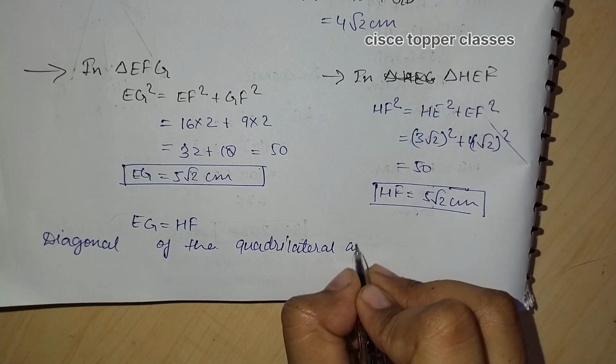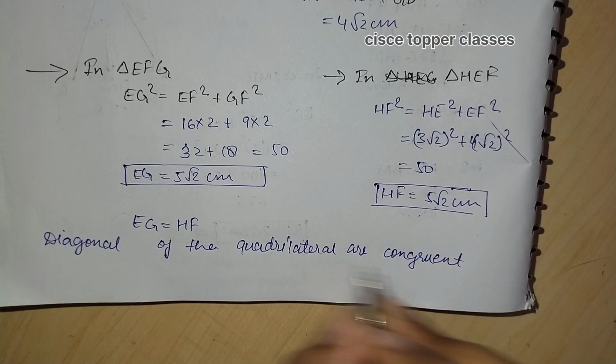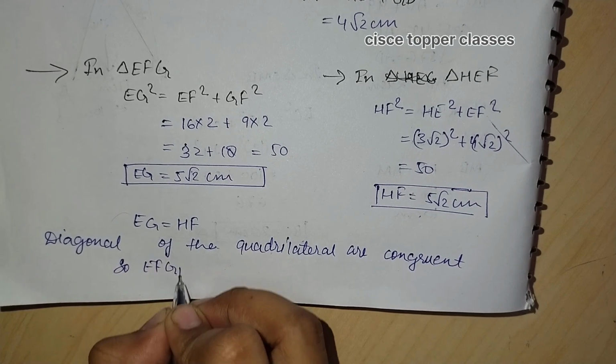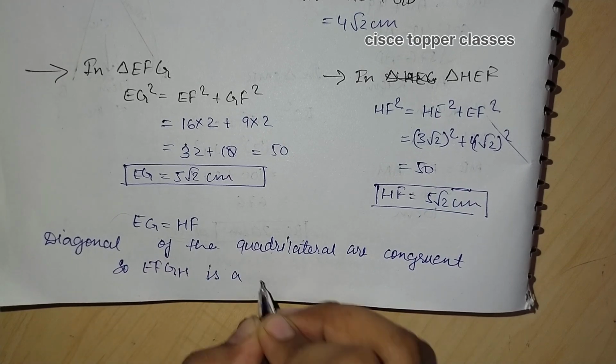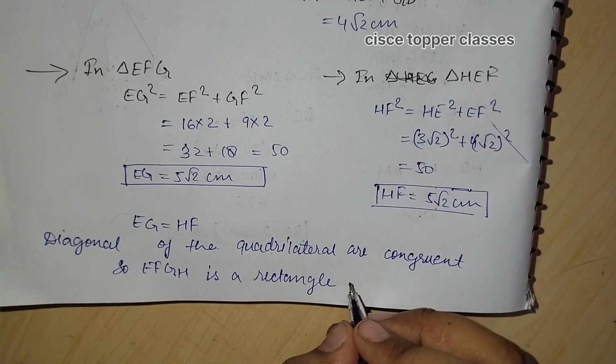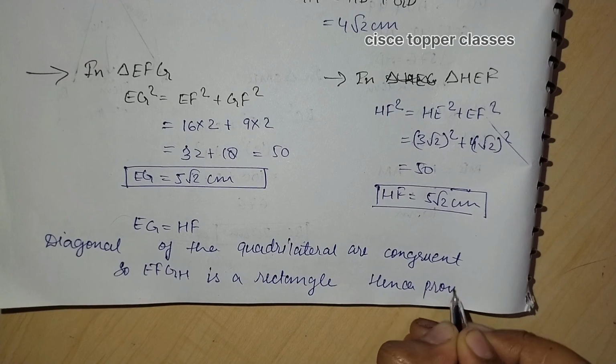From here we can conclude that this quadrilateral is a rectangle. So EFGH is a rectangle here. Hence proved.